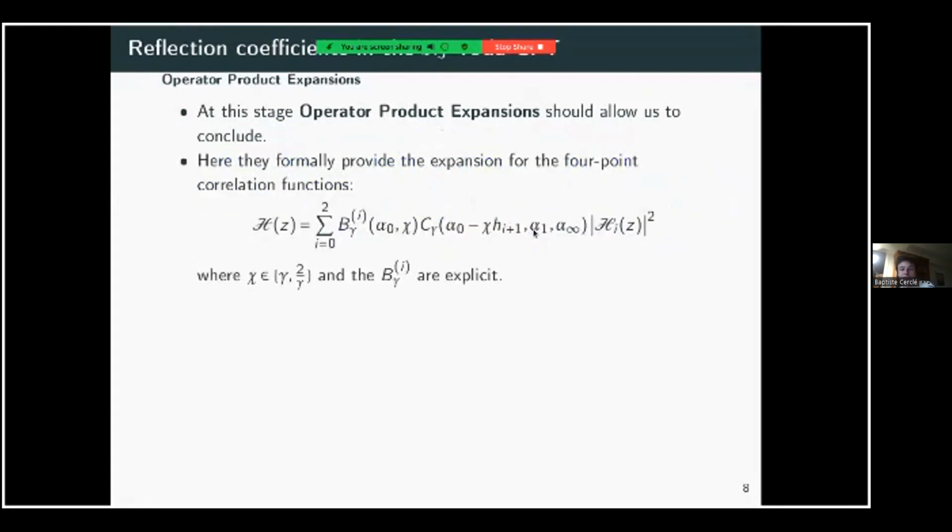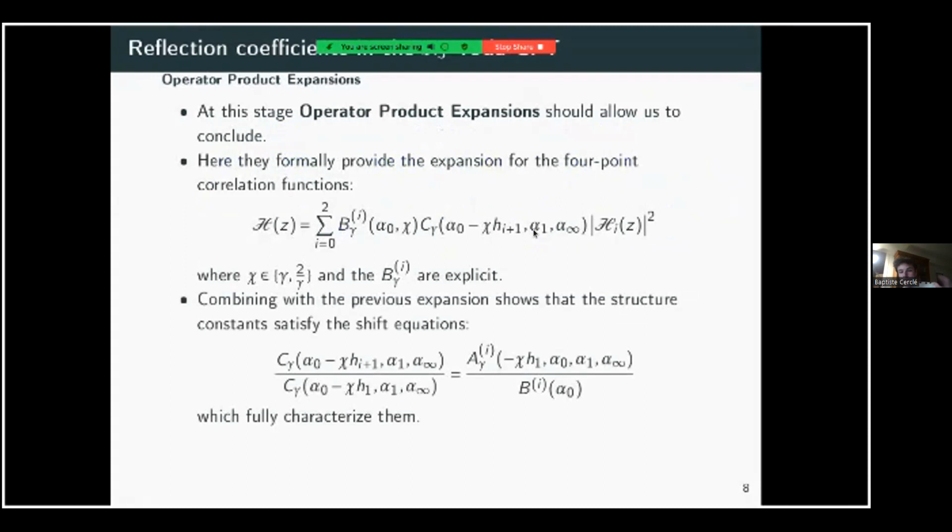Okay, so you have this alternative expansion. If you combine the results that we explained before with this new expansion, the expansion derived thanks to the Ward identities, then you show that these structure constants satisfy a set of shift equations.